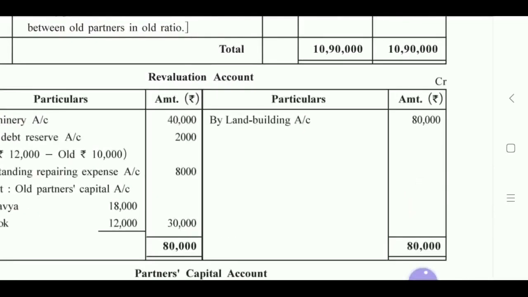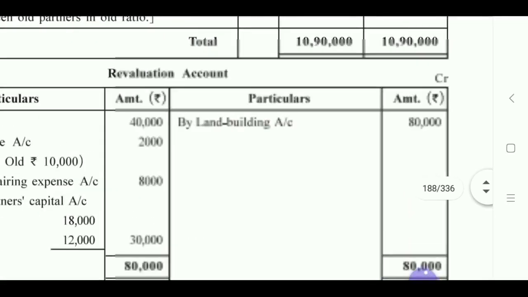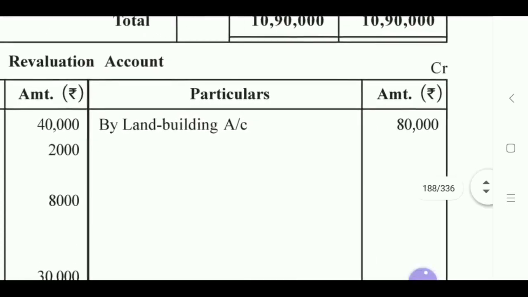This is 80,000 credit side. I won't repeat the rule of posting. If you people still don't know, kindly go through the videos uploaded previously. Yes, because if I repeatedly explain the things that I have already explained, it will consume more time. Yeah, so this has been posted here.